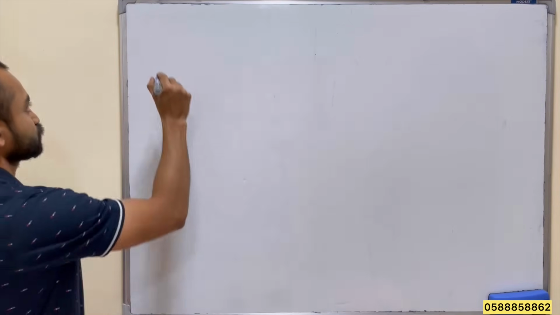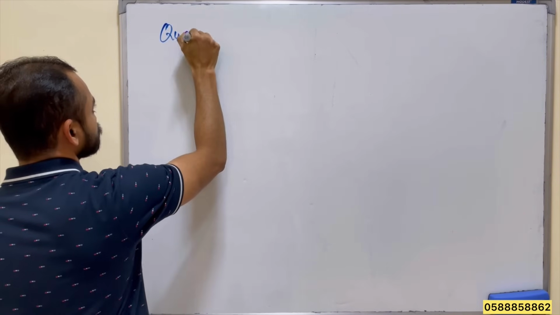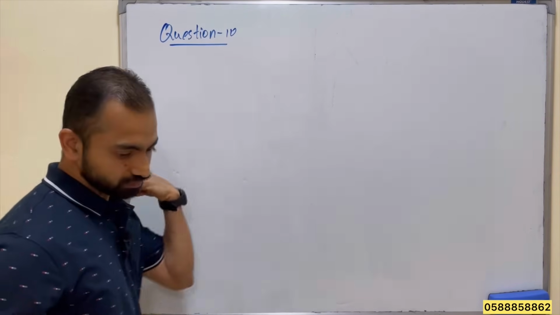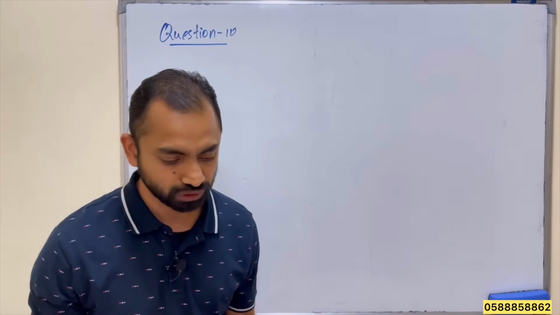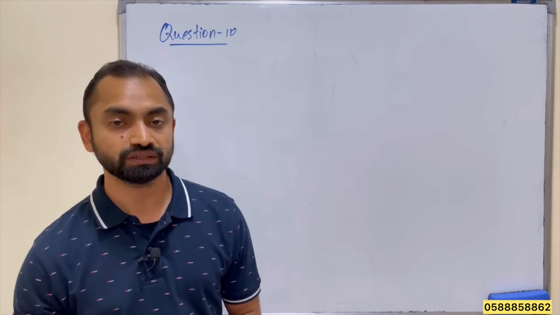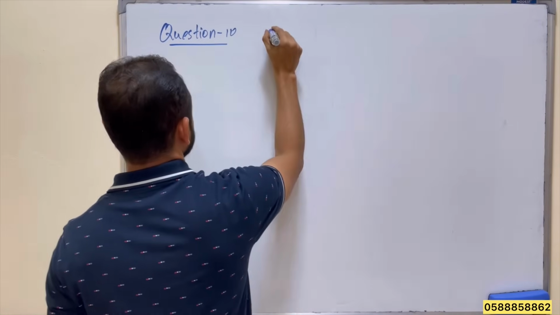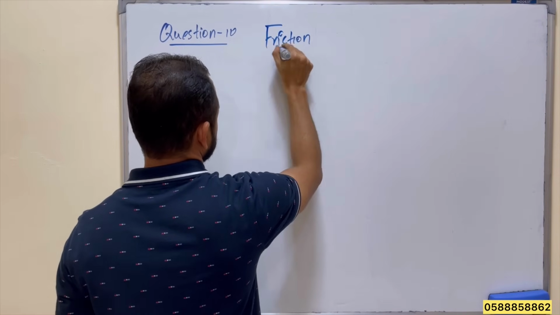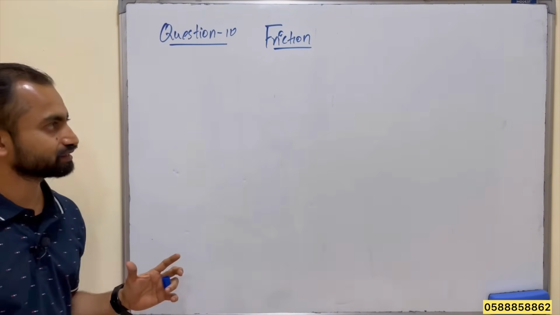Question number 10. So we are reaching half of the EOT now. So what is question 10? Relate graphically the frictional force to the normal force and find the coefficient of friction. So question number 10 is about friction. So what is the most basic thing in friction?